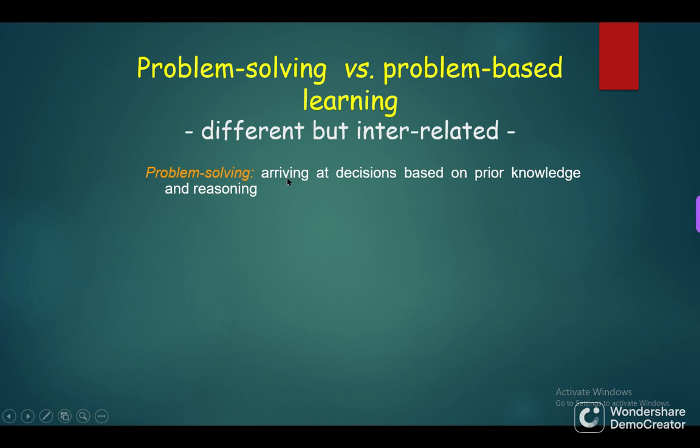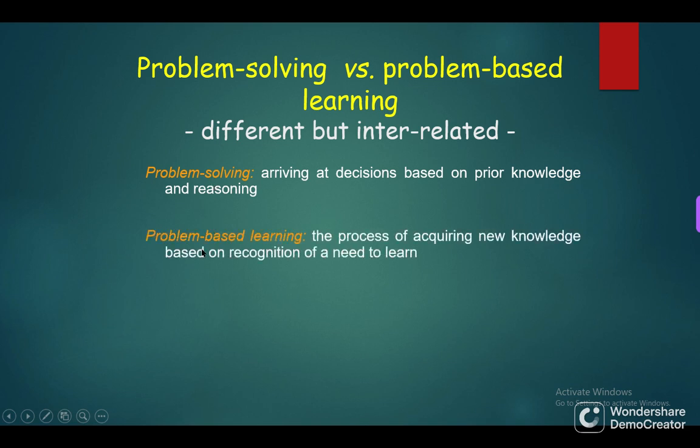Problem solving is arriving at a decision based on prior knowledge and reasoning, with one perfect diagnosis, or rather 2 diagnoses maximum. But problem-based learning is the process of acquiring new knowledge based on the recognition of a need to learn. And that is why there are many differential diagnoses.